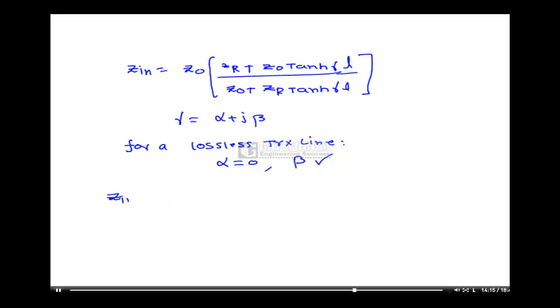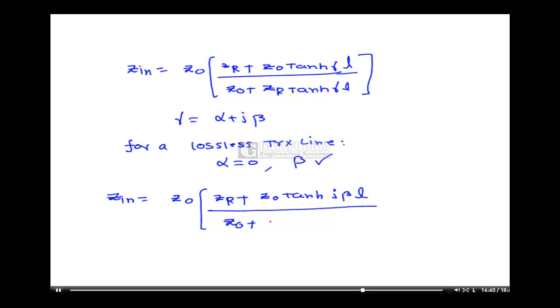Zin is equal to Z0 into (ZR plus Z0 tanh gamma L) by (Z0 plus ZR tanh gamma L), where gamma is alpha plus j beta. So alpha is 0, only j beta exists. Zin is Z0 into (ZR plus Z0 tanh j beta L) by (Z0 plus ZR tanh j beta L).